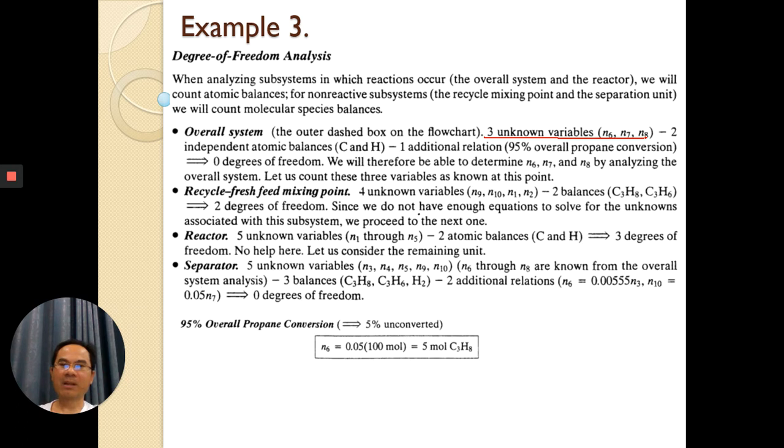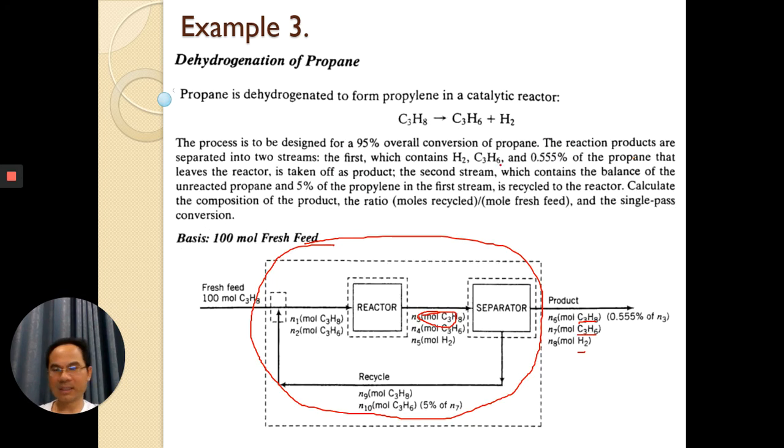If you balance based on atomic balance, there are only 2 atomic balances, carbon and hydrogen, and we know the overall conversion is 95%. You get 0 degrees of freedom. You can solve N6, N7, N8 from the overall system. And then you do the degree of freedom analysis based on the recycle phase feed mixer.